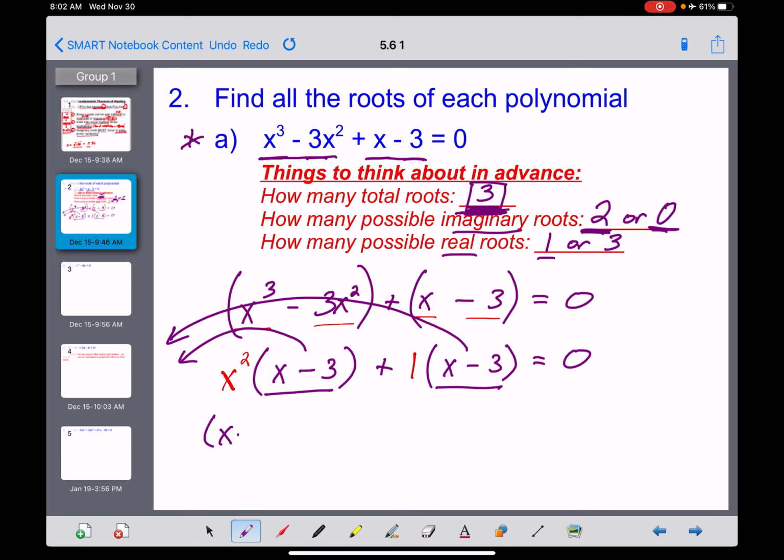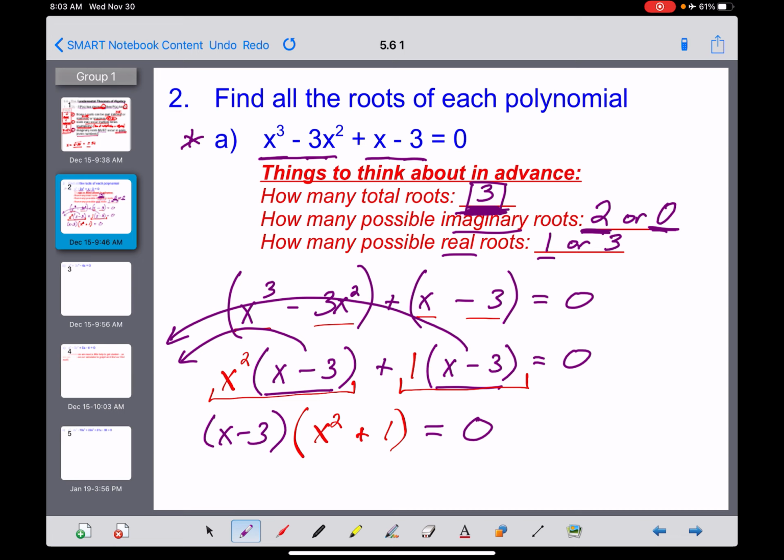So the x minus 3 gets yanked all the way out in front, and now in parentheses, what's left over? We have an x squared left over from the first term here. And from the second term, after we pull out the x minus 3, we have a plus 1. And that, you guys, is as far as you can factor this particular expression right here.